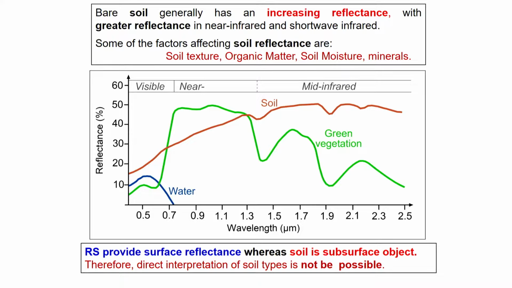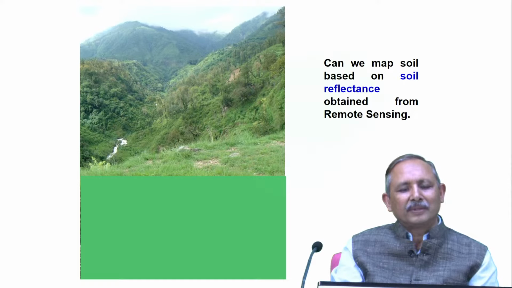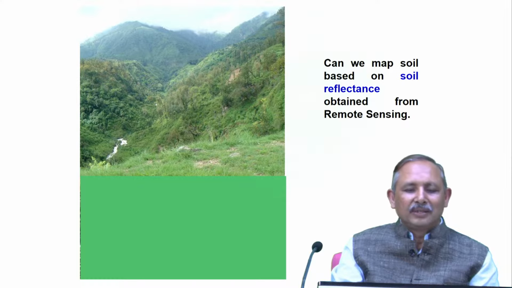So for a picture I show you, I want to prepare a soil map of this area, where it is hills and covered with vegetation. If you take the reflectance characteristics of this one, then you will get the reflectance of your vegetation, not the reflectance of soil, because soil is covered with vegetation. So in the natural forest cover, or where throughout the year vegetation remains, soil mapping with the correct reflectance characteristics is almost not possible.